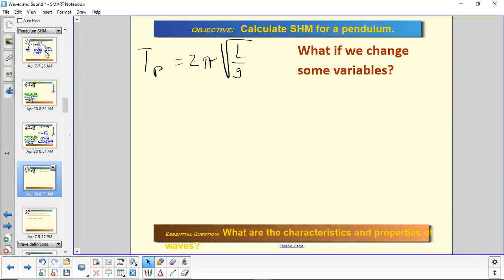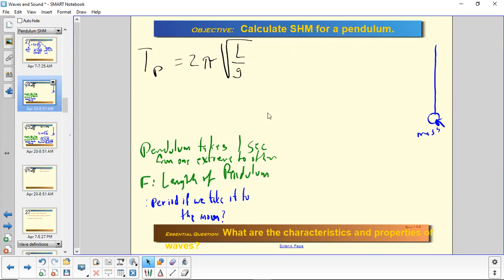Now, one last caveat on this for pendulums. For this relationship to be true, the pendulum cannot be swinging very far. We take advantage of what's called the small angle approximation, meaning that if the angle of the pendulum is relatively small, like 5 degrees or less, then this expression remains true.